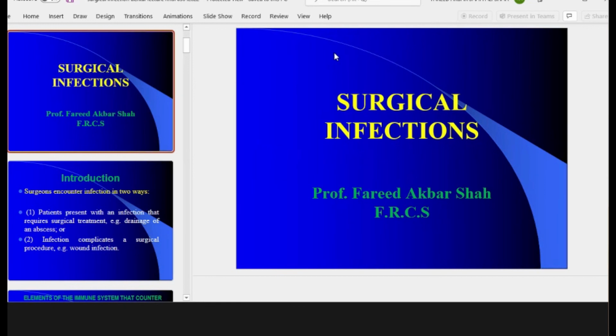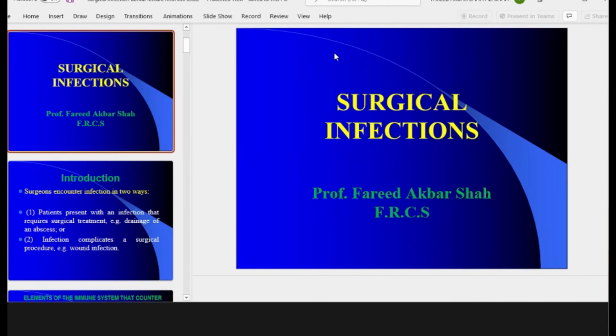I will use antibiotic in only special circumstances. What are the special circumstances? When the patient has localized cellulitis. If the patient has localized redness or localized infection around the abscess area. Are you getting my point? There is redness in the local area.